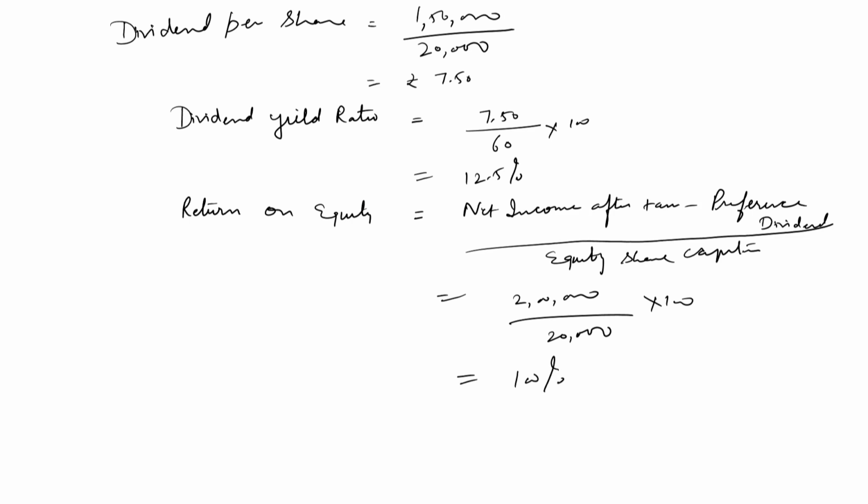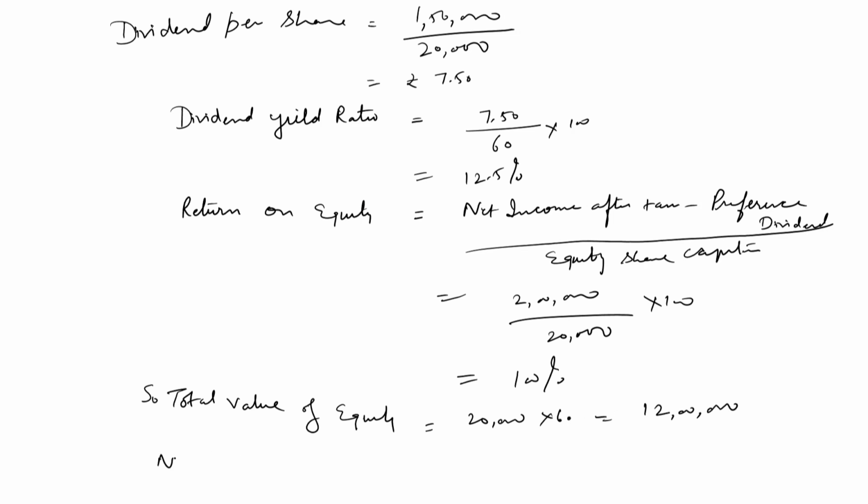This is the return calculated for the equity on the book value basis. If we have to calculate the return on equity on the basis of market price, then in that case we will consider the market price per share, which is given as 60 in the question. So the total value of equity in that case will become 20,000 multiplied by 60, which comes to rupees 12 lakhs.